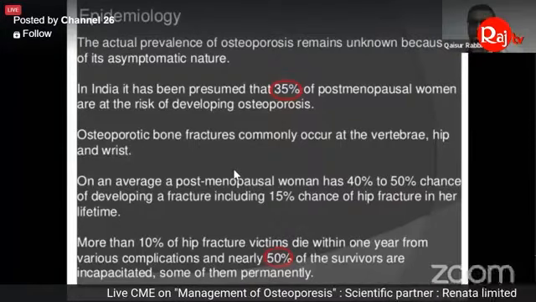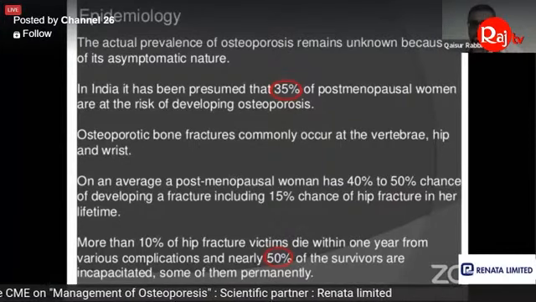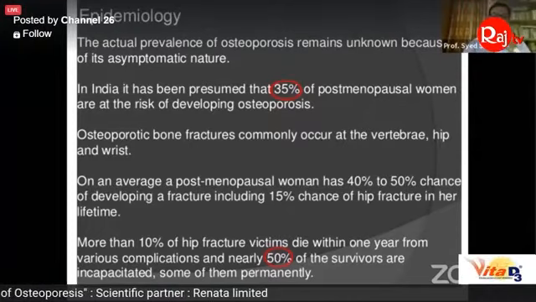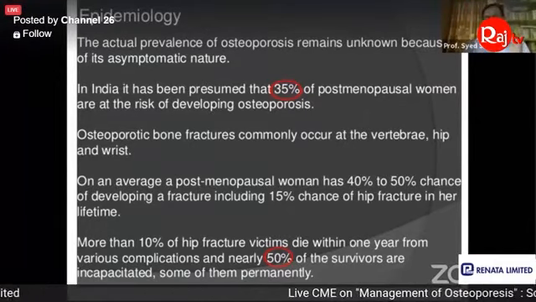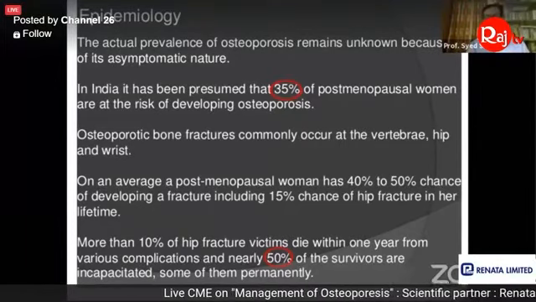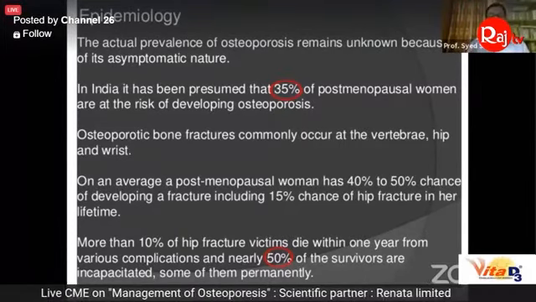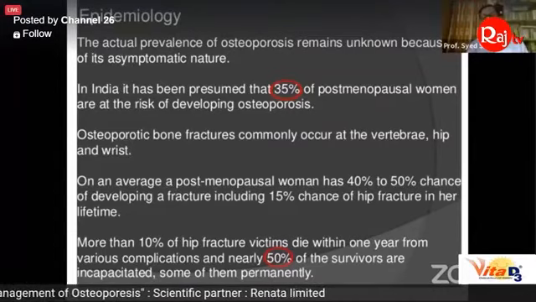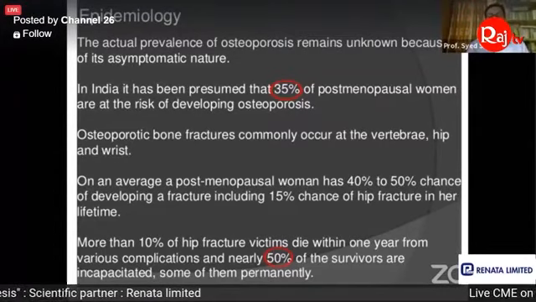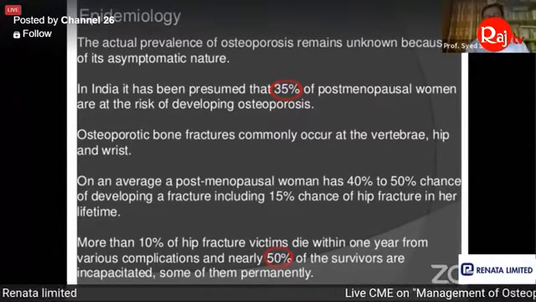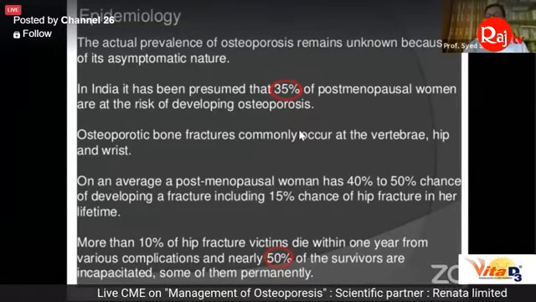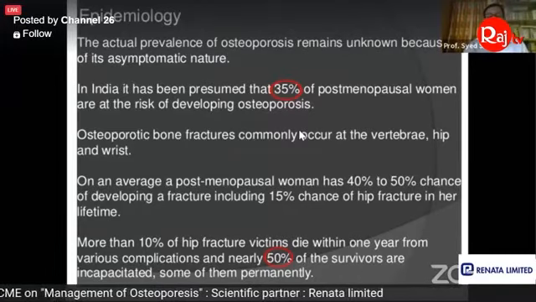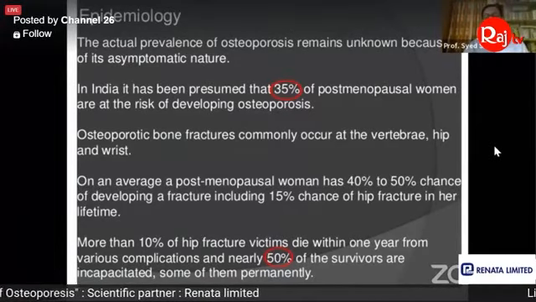Regarding the epidemiology, especially in Bangladesh and India, the prevalence of osteoporosis remains unknown because of the asymptomatic nature of this disease. In India, it has been postulated that 35% of postmenopausal women are at risk of developing osteoporosis, and osteoporotic bone fracture commonly occurs at the vertebra, hip, and wrist.